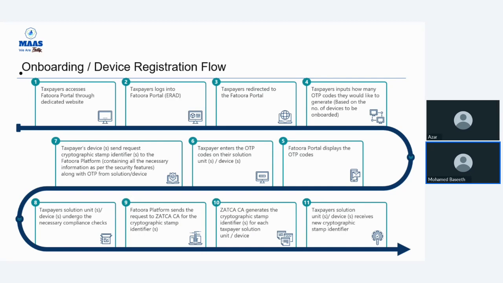The flow basically starts from our own portal access with the login ID and the username. Then we log into the portal, and we put in how many OTPs or how many devices we have that are going to issue invoices.